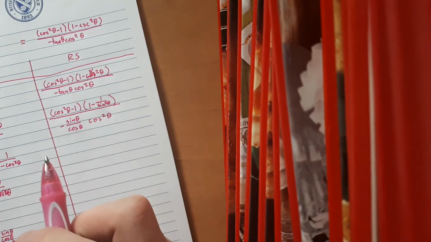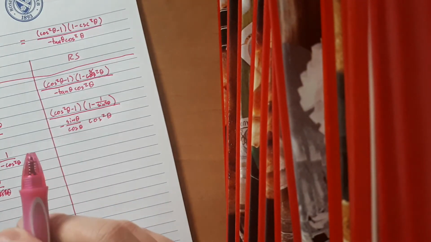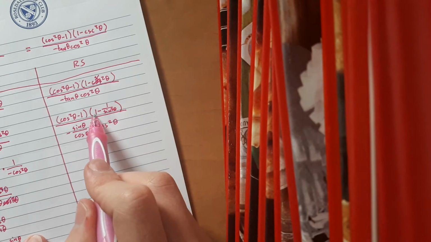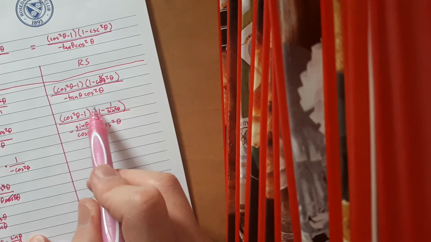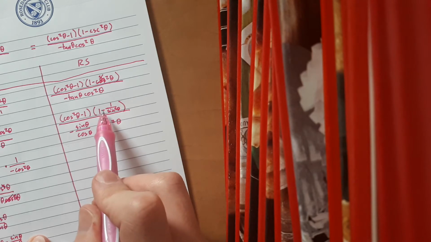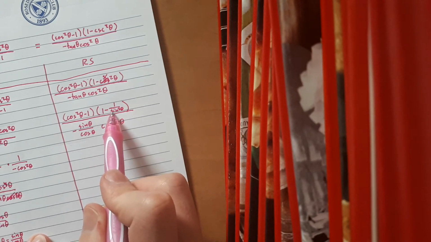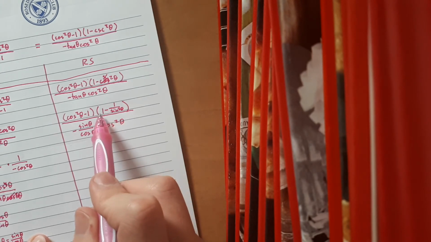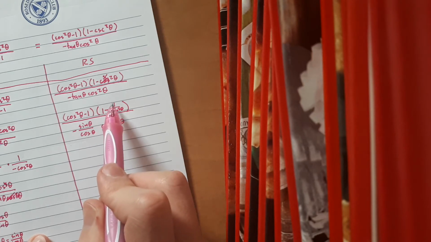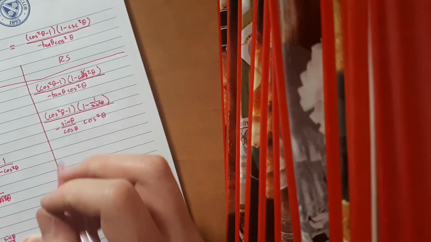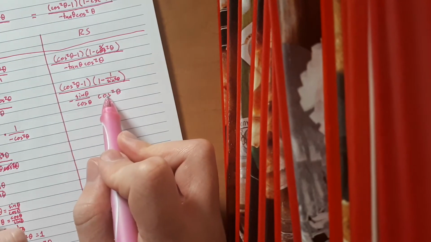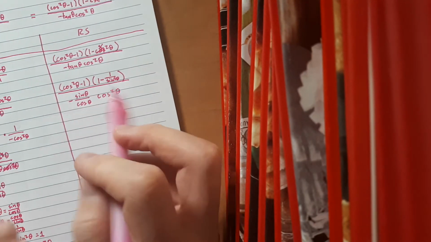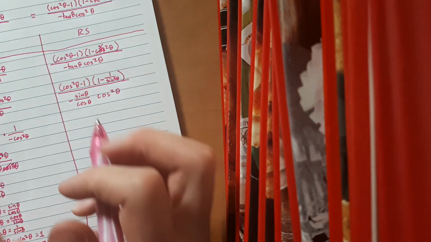Cool? So next, what we're going to do is turn this into a single fraction. So 1 can be equal to sine squared theta over sine squared theta. We're doing that to make the denominators equal. So sine squared theta over sine squared theta minus 1 over sine squared theta. And down here we can multiply this by the numerator to give us just one simple fraction.